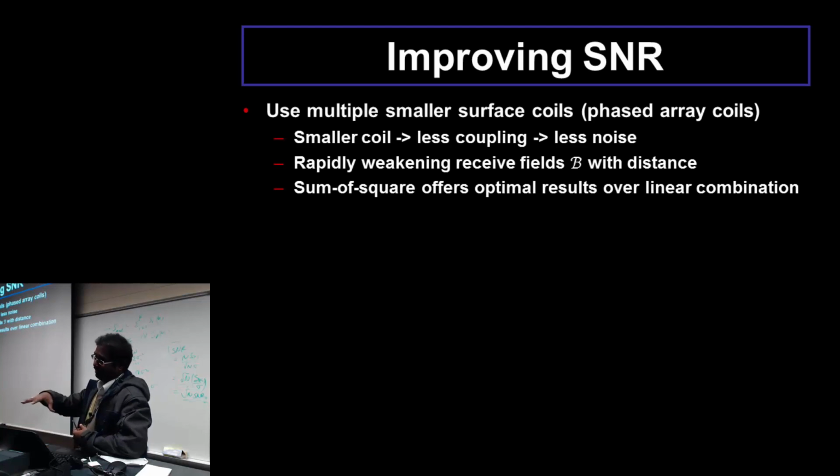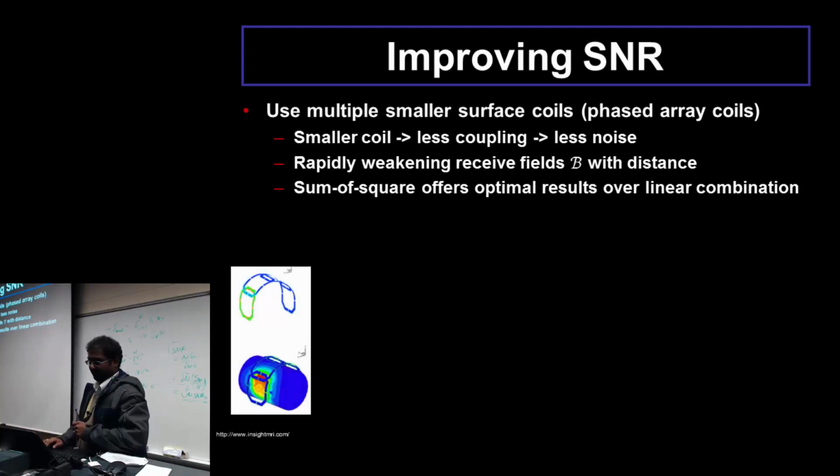If you have a much smaller coil, then the space from which the coil is picking up the signal is effectively smaller. So that means the body contribution of the noise is reduced.